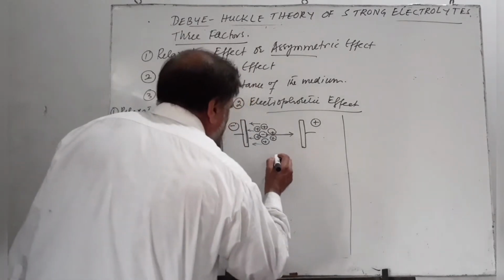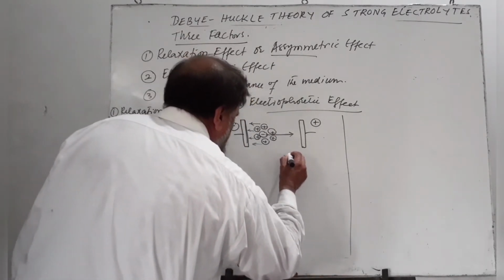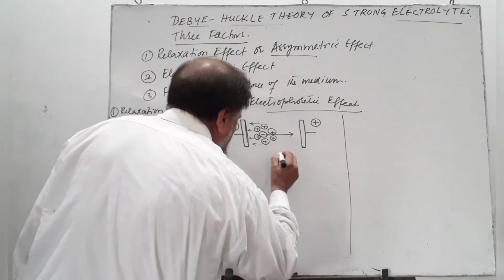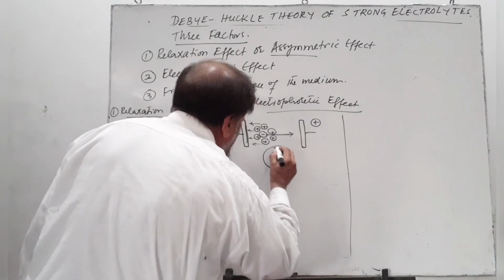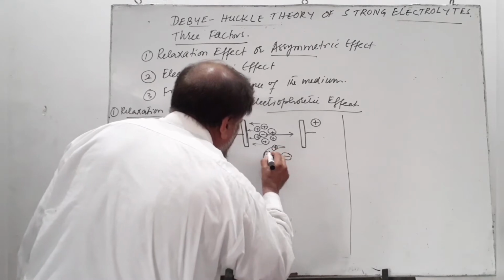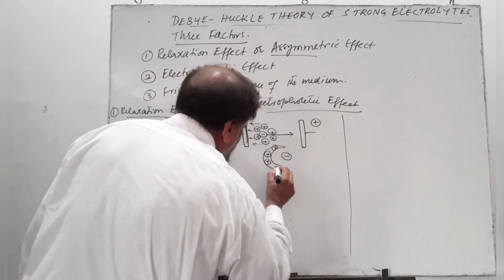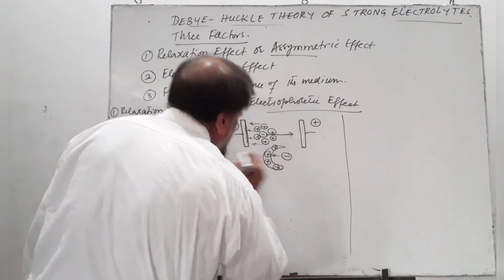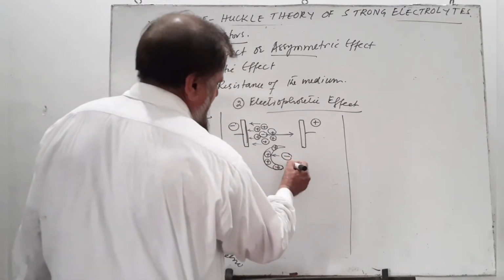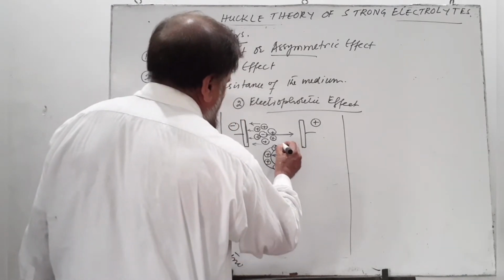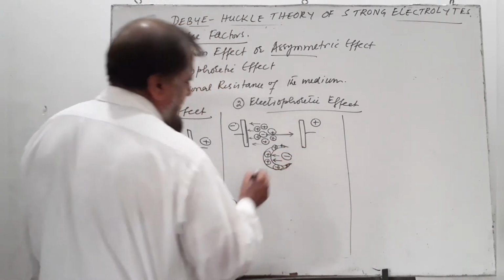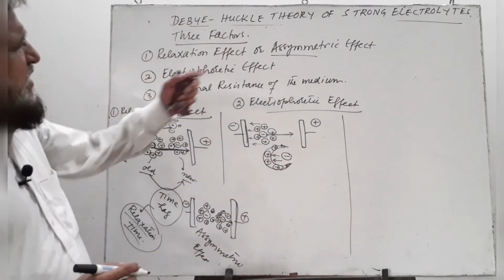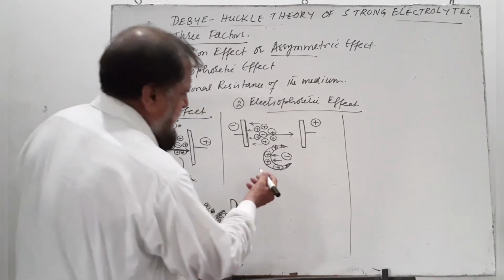As a result, as the negative ion is moving in the forward direction and the positive ions move to the opposite plate, there will be a dragging effect. These ions will apply a drag on the negative ion while it is moving towards the positive electrode, and this drag of positive ions on the negative ion is known as the electrophoretic effect.